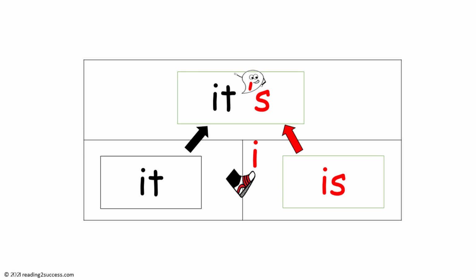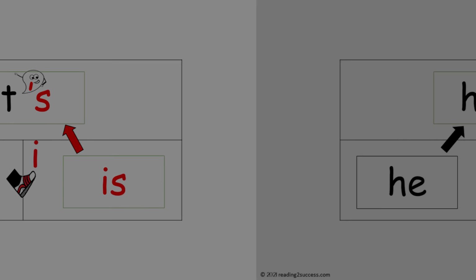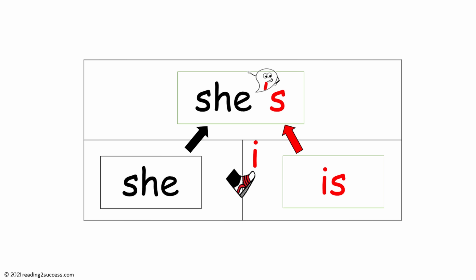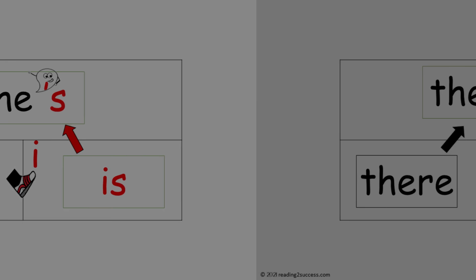Practice with kids how to put it and is together. Toss out I and make the contraction its. Put he and is together. Toss out I and make the contraction he's. Put she and is together. Toss out the I and make the contraction she's.